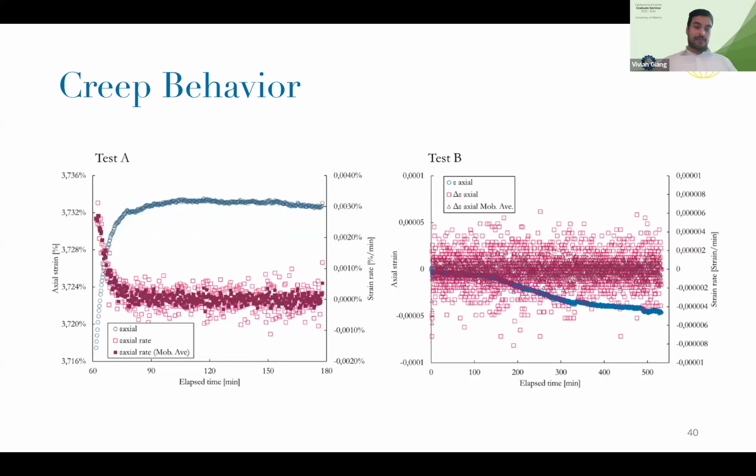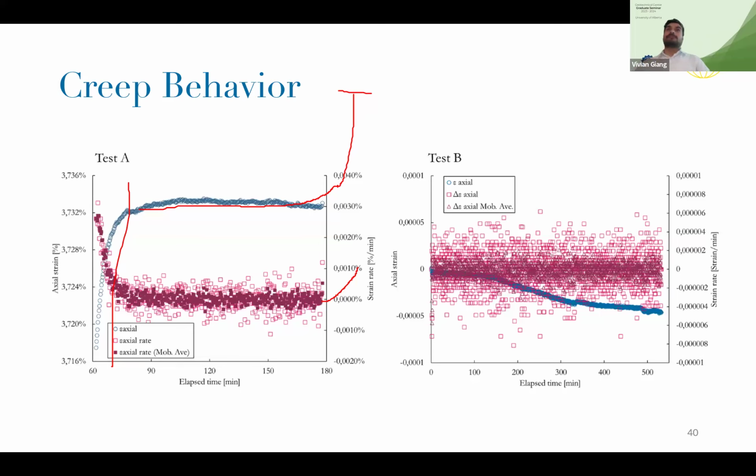Let me explain with the pen. Here it begins to increase the strain, so you are going to see this strain rate increase again, and poof, until failure, right?